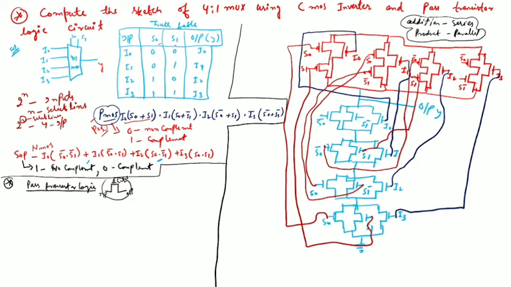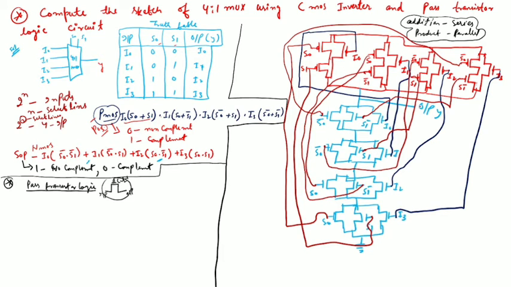And the last one, this is the S0 complement, and this S0 complement will connect with this S0 complement, and this S1 complement is connected with this. So these PMOS and NMOS are connected to each other as an inverter. So PMOS and NMOS are connected in series in this 4:1 multiplexer circuit using CMOS inverter.